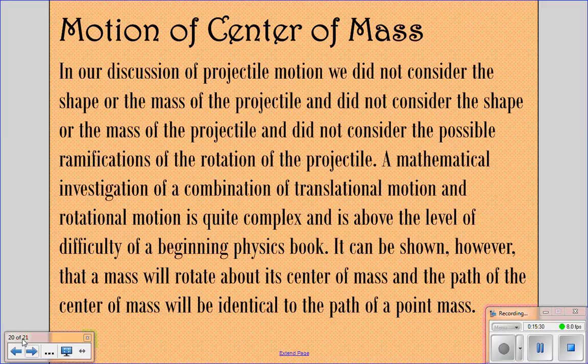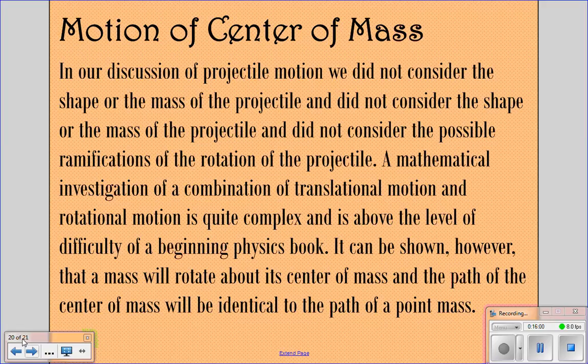It can be shown, however, that a mass will rotate about its center of mass, and the path of the center of mass is going to be identical to the path of a point mass. They show you a couple of pictures in the book to help you see what they look like, on page 304. The center of mass is going to move just like a particle would that has all of the mass at that one point.